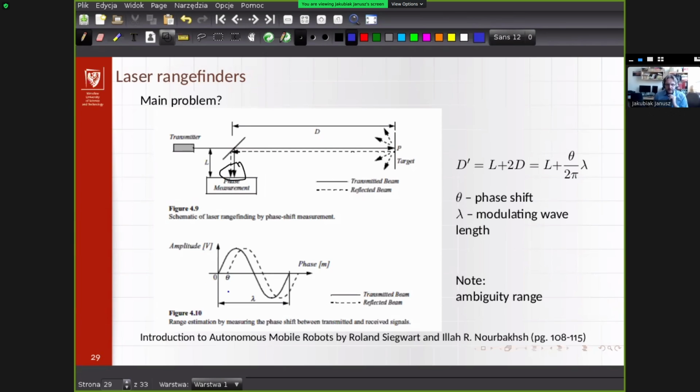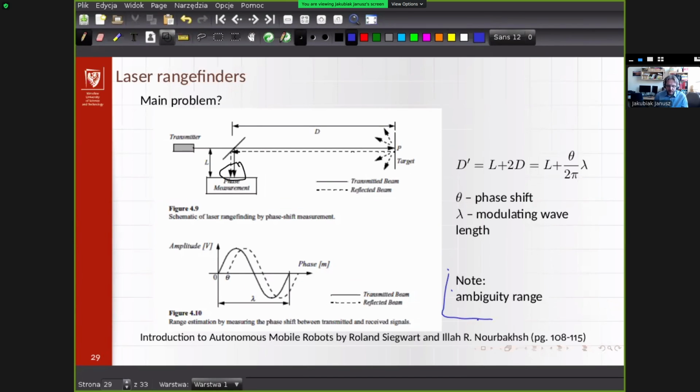Okay, you get the idea, and that's the solution that we get. Quite simple with the phase measurement, but with this ambiguity of the range.